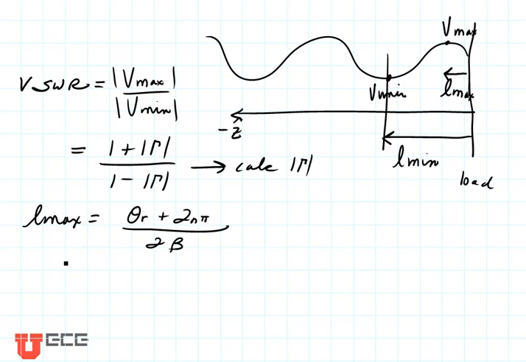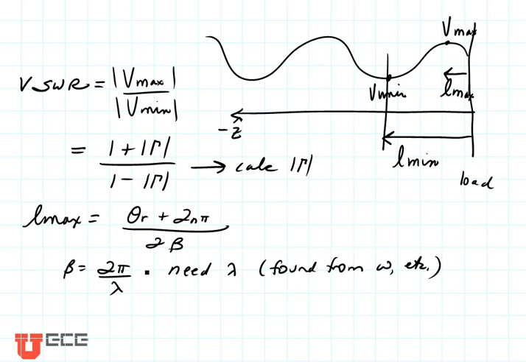As long as we know the wavelength, we can find β. β is 2π divided by the wavelength, so we need to know the wavelength, and that can be found from the frequency, etc. But as long as we know the wavelength, we can plug β in, and this can be used to find the phase of the reflection coefficient.